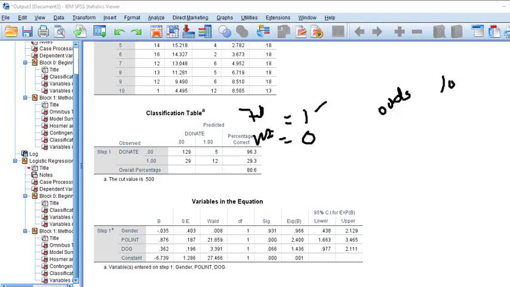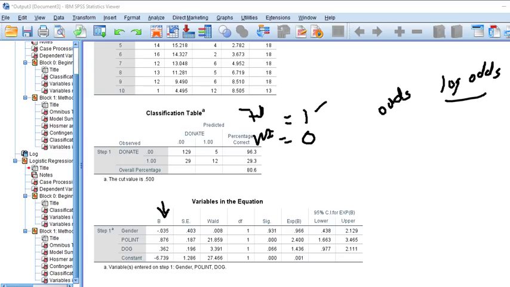Let me walk you through what some of this stuff means. Essentially, what we're doing right here is talking about the predicted change in log odds for every 1 unit increase on our predictor variables. That's what the interpretation of these coefficients is reflecting.